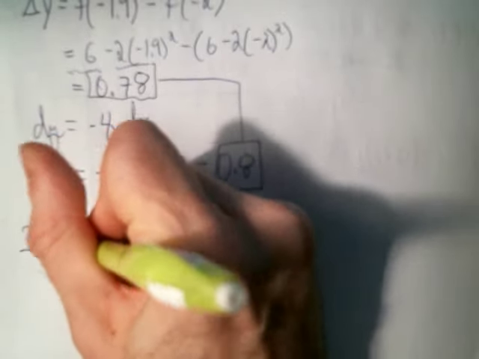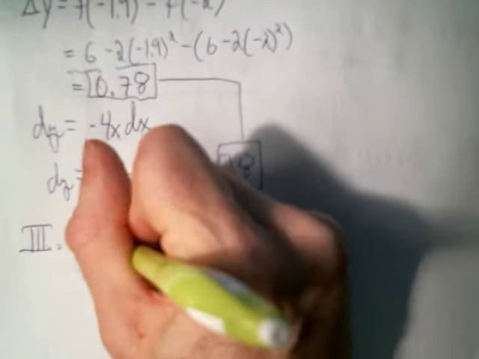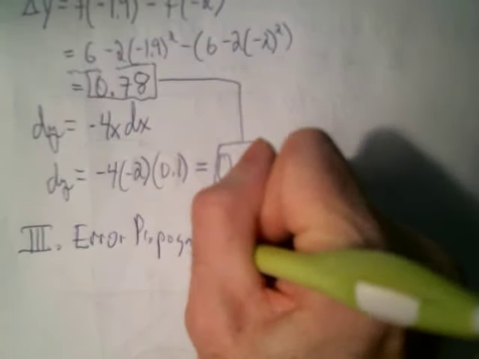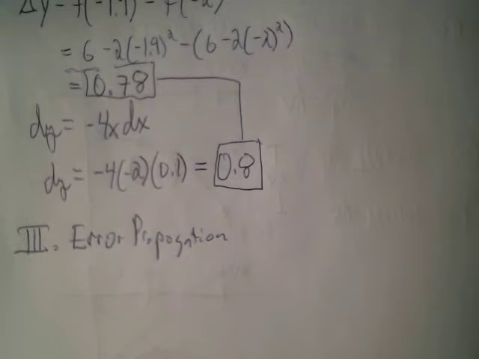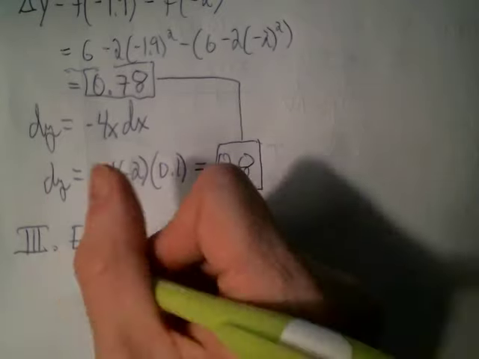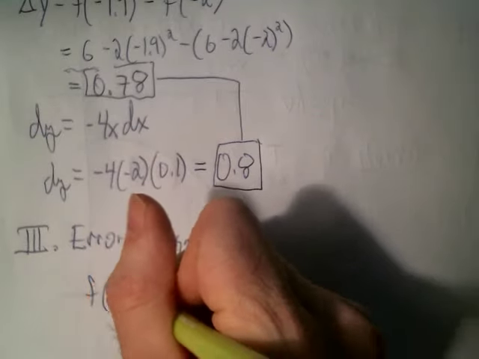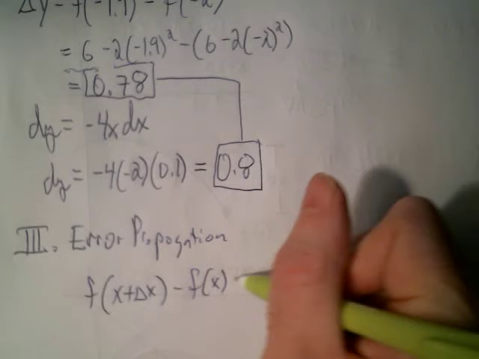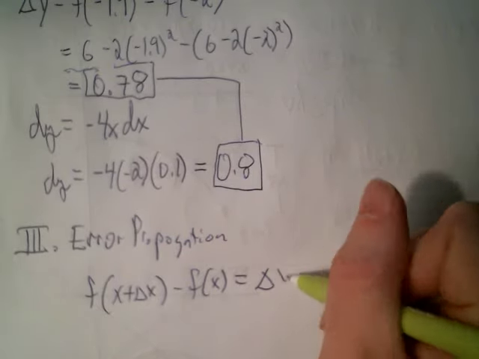Okay, one application is error propagation. And we can approximate the total error with the differential. Right? So in particular, f of x plus change in x minus f of x, of course, equals our delta y.